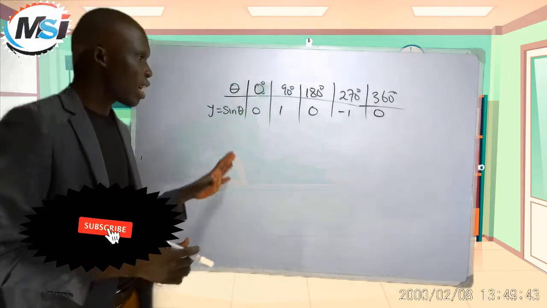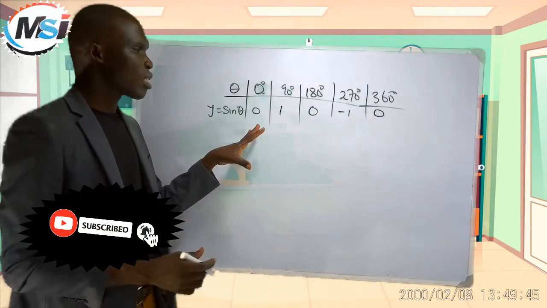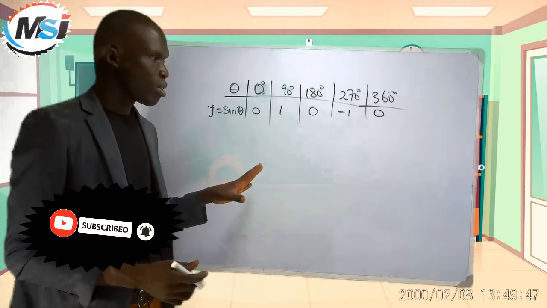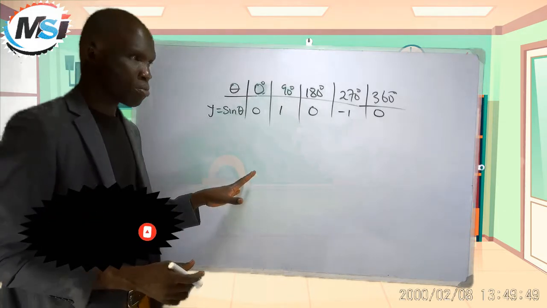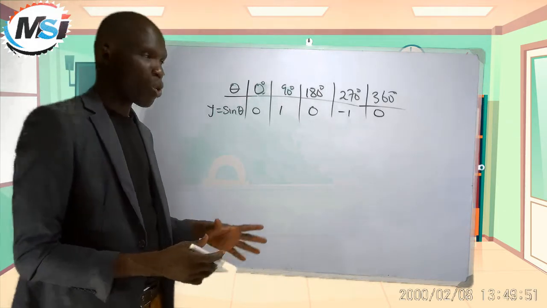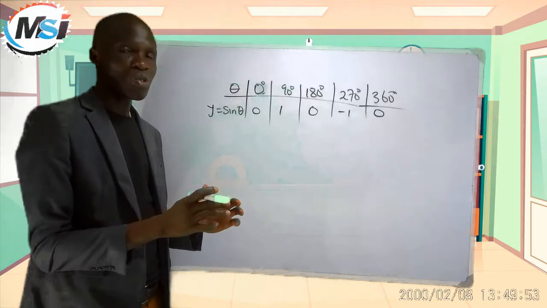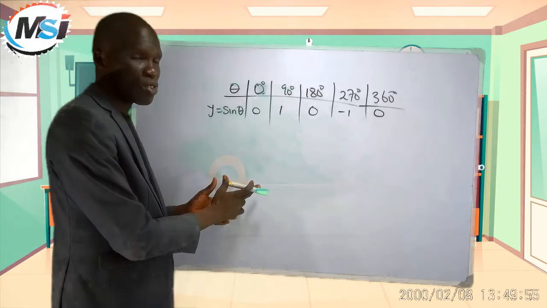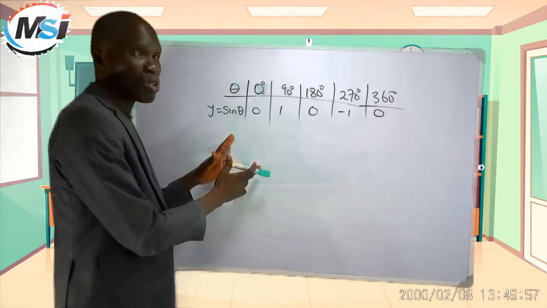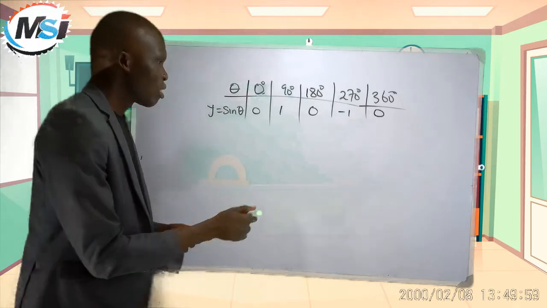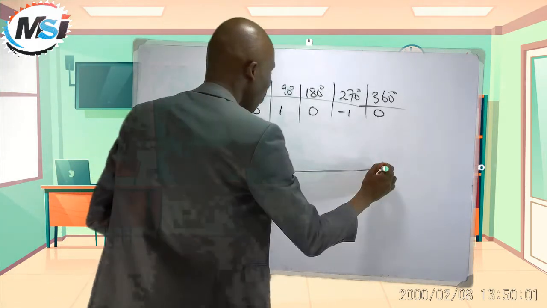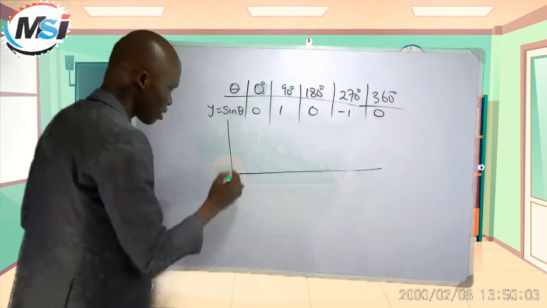Okay class, now I want to draw the graph of this table. Permit me to use this board, but in the next video I'll show you how to use your graph sheet in order to draw this graph. Now you have something like this.